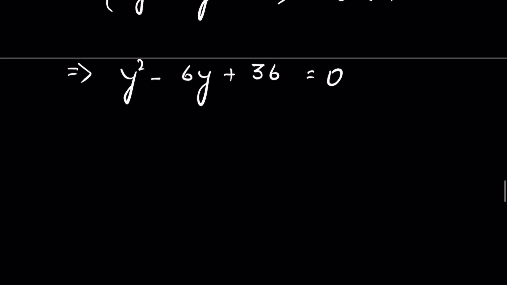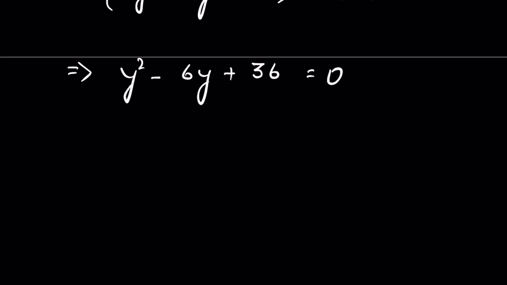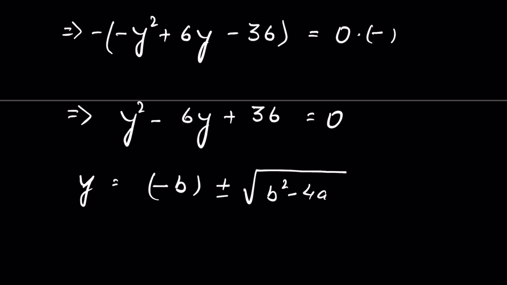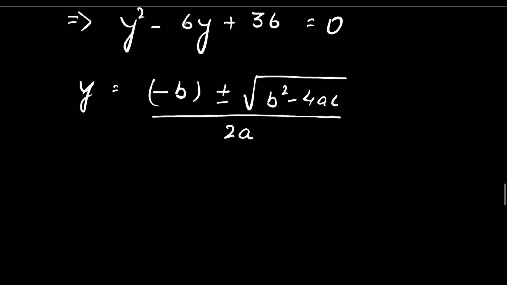Now this is a quadratic equation which we can solve using the quadratic formula. y is equal to minus b plus minus square root of b square minus 4ac, upon 2a, where a is the coefficient of y square, that is 1. b here is the coefficient of y, which is minus 6, and c here is the number 36.